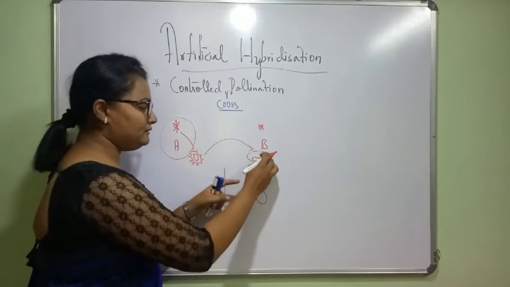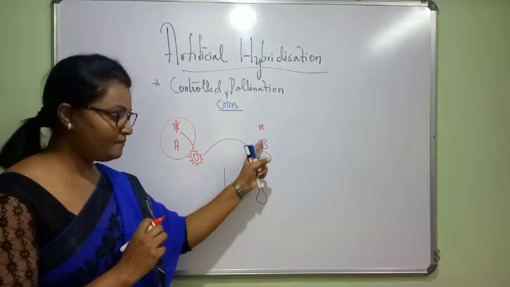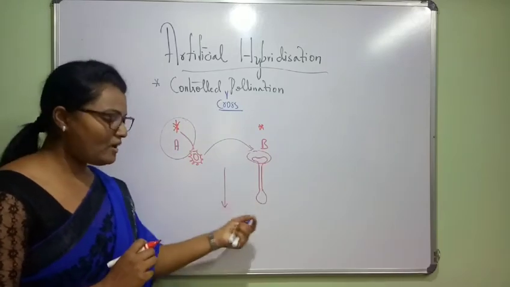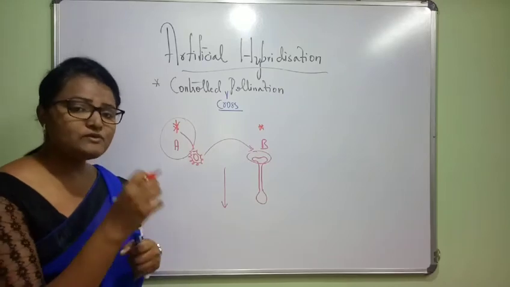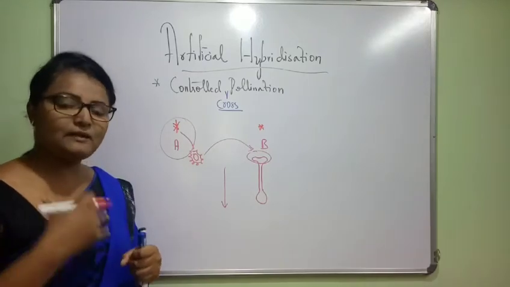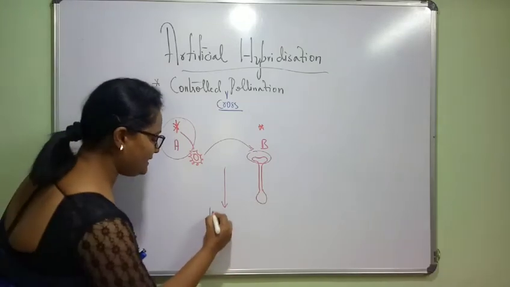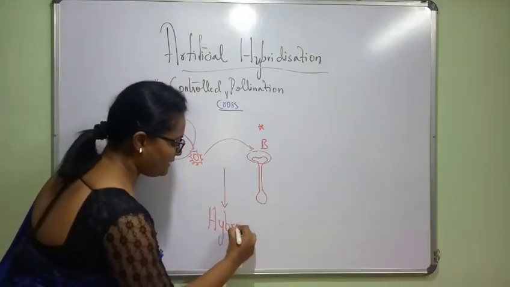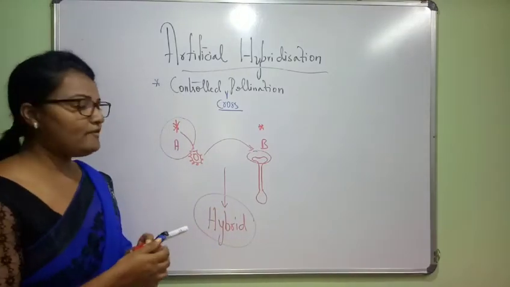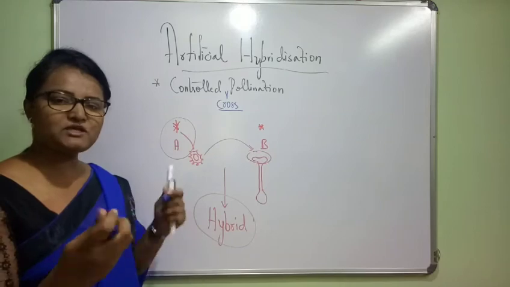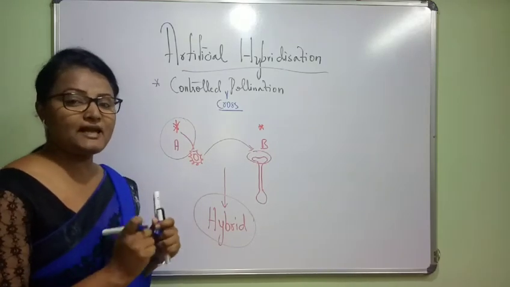When the pollen grains are dusted on the surface of the stigma of a plant B variety, they fuse, fertilization takes place, and seeds are formed. When those seeds germinate and form a plant, that plant we call a hybrid. Hybrids have a combination or mixture of characters, not only morphological but also genetical.